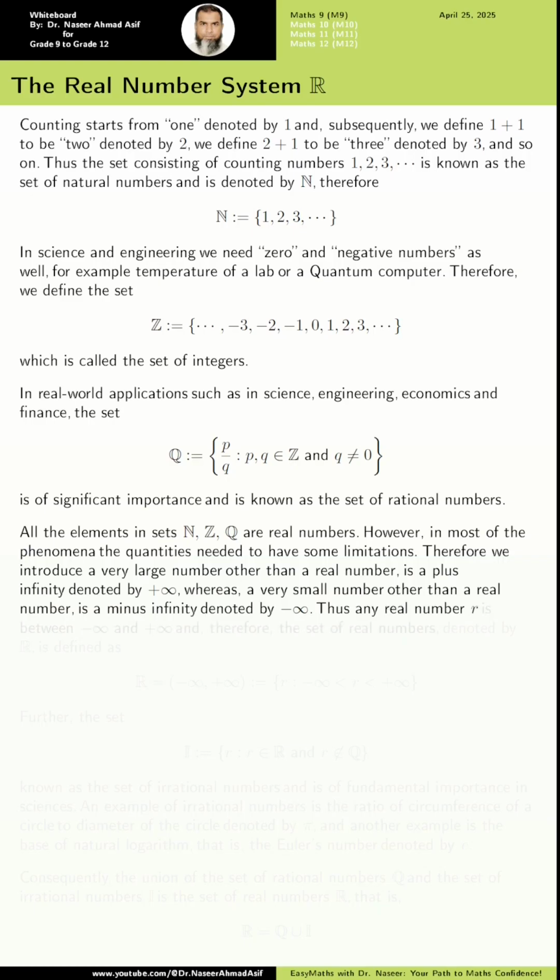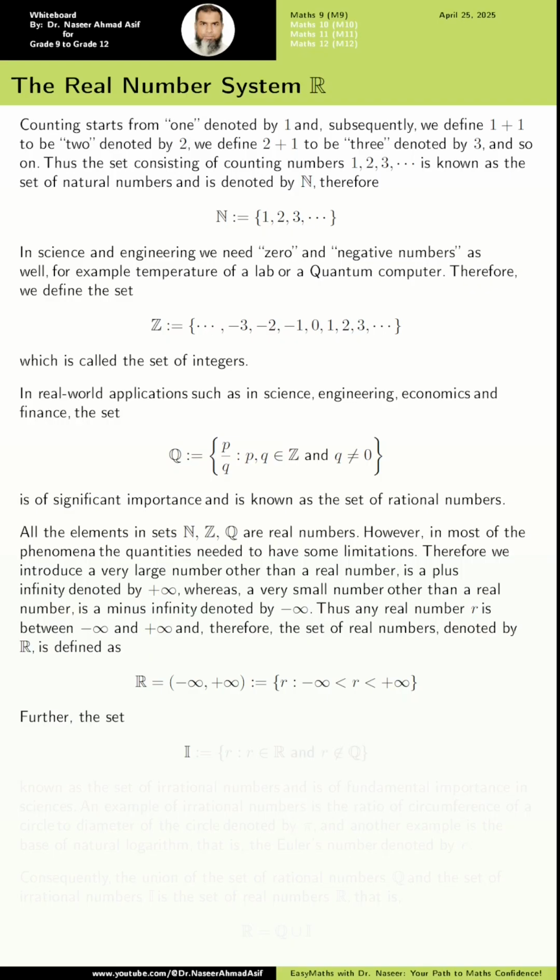Thus, any real number R is between minus infinity and plus infinity, and therefore the set of real numbers denoted by R is defined as R is equal to the open interval minus infinity to plus infinity, which is defined as the set consisting of elements R such that R is between minus infinity and plus infinity.